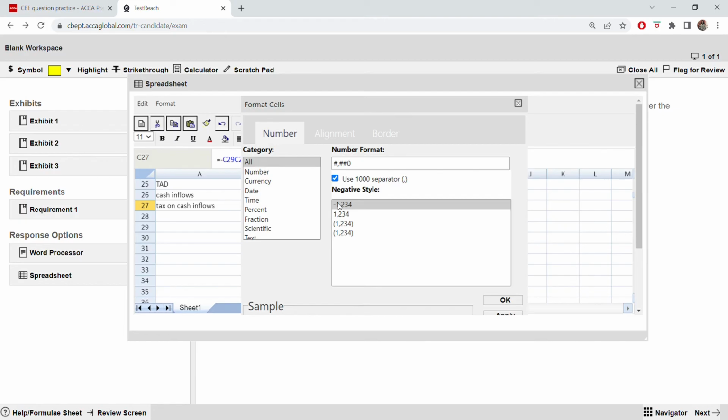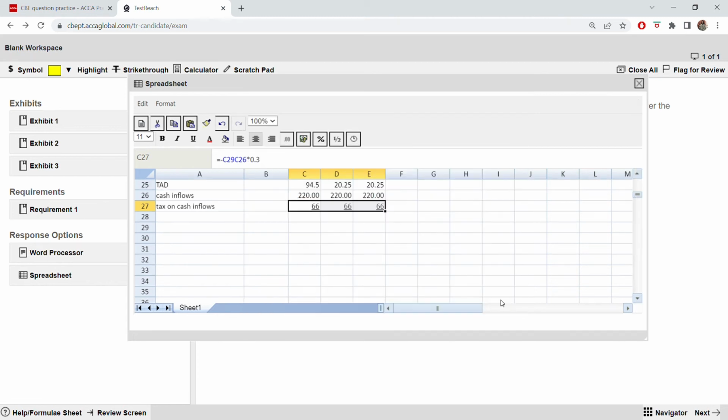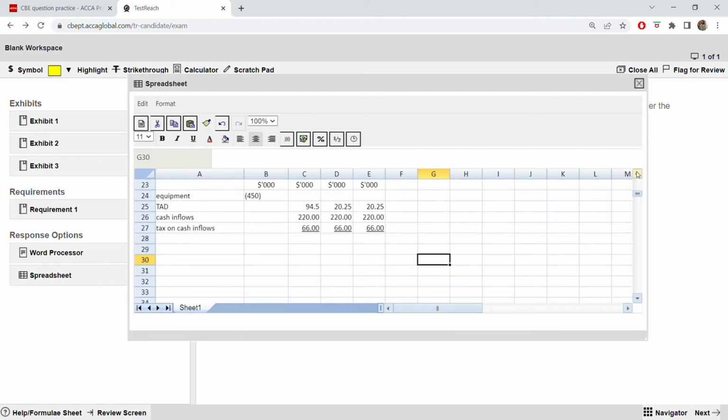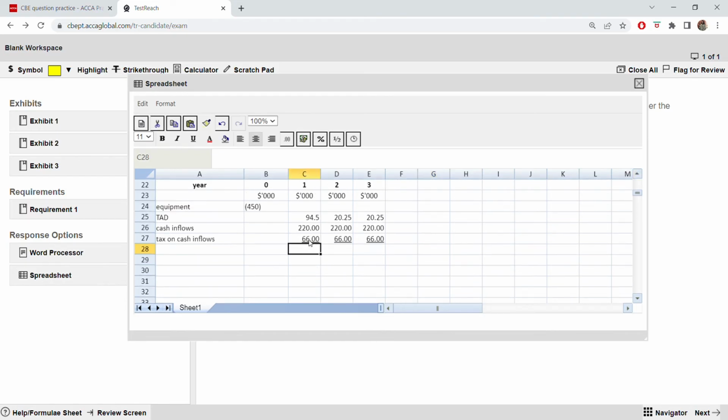You see, negative style. How you want it to show? In bracket, like this. So in bracket it will show. Now we'll perform the sum function and see whether it's working or not.